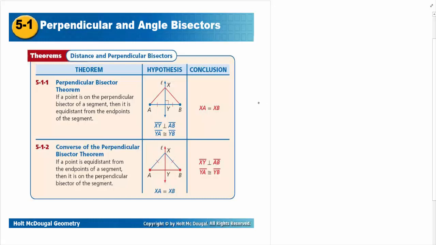Long story short, if you draw a perpendicular bisector to a segment, then any point on that perpendicular bisector, from the point to the endpoints of the segment, those segments will be equidistant, no matter where you draw said point on the perpendicular bisector. So these segments would be congruent.